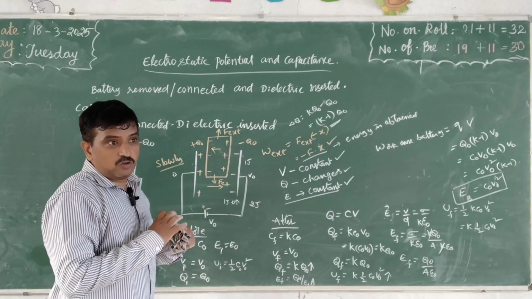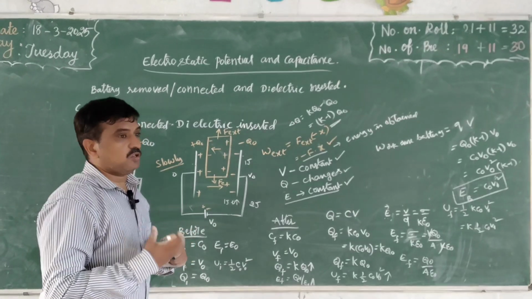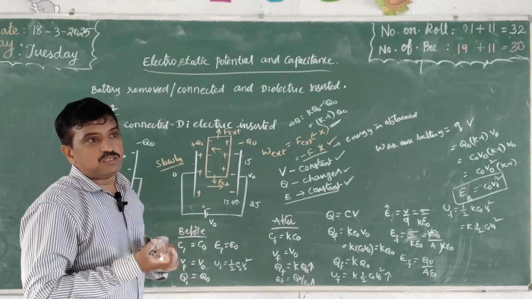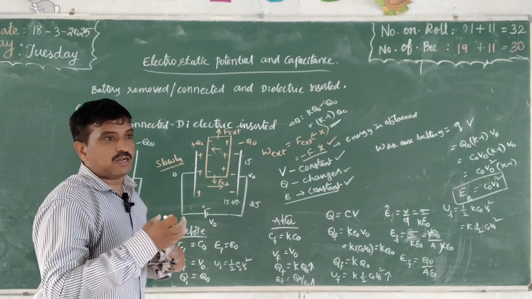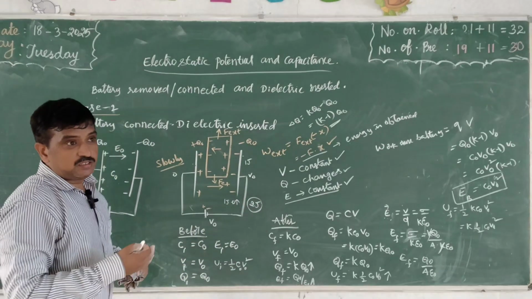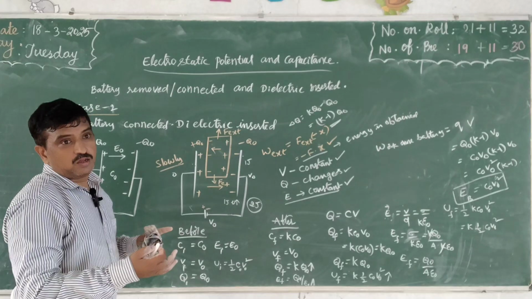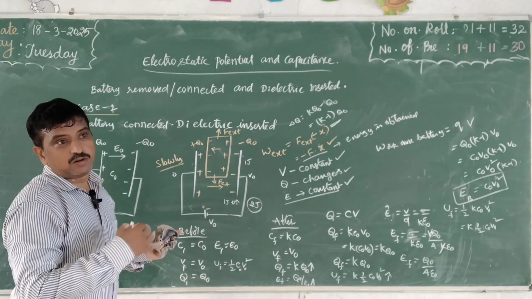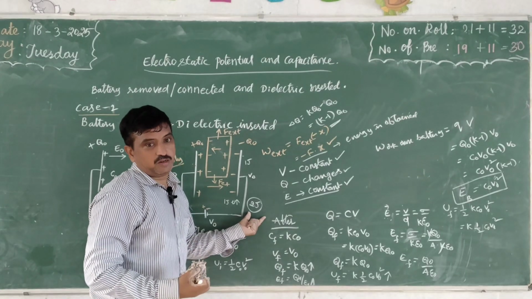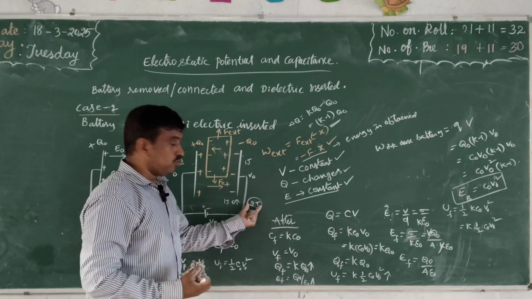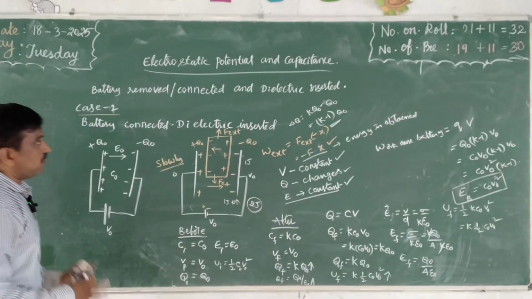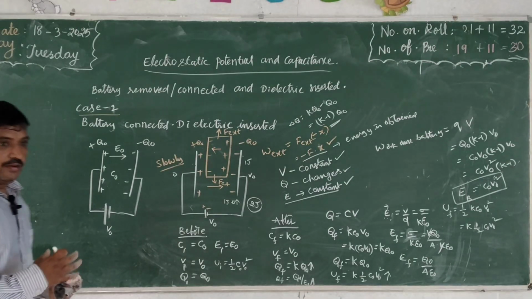Or they may ask: how much potential energy is increased when the battery supplies 2 joules of energy? The energy developed in the capacitor is half of the energy supplied by the battery, so 1 joule. That is the answer. Like that they ask questions in JEE and NEET exams.